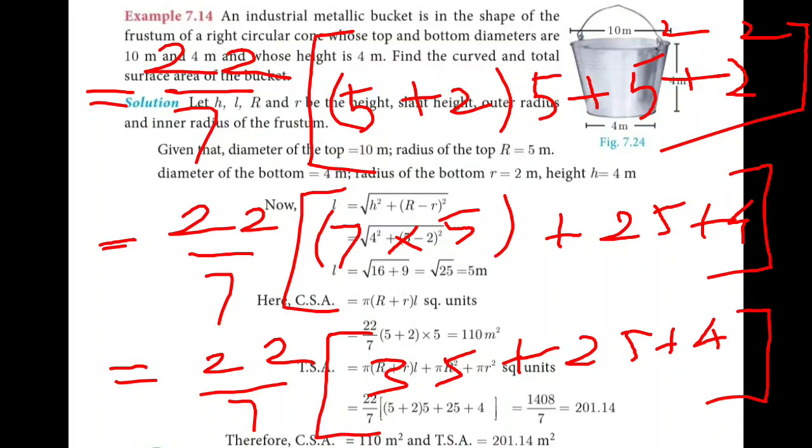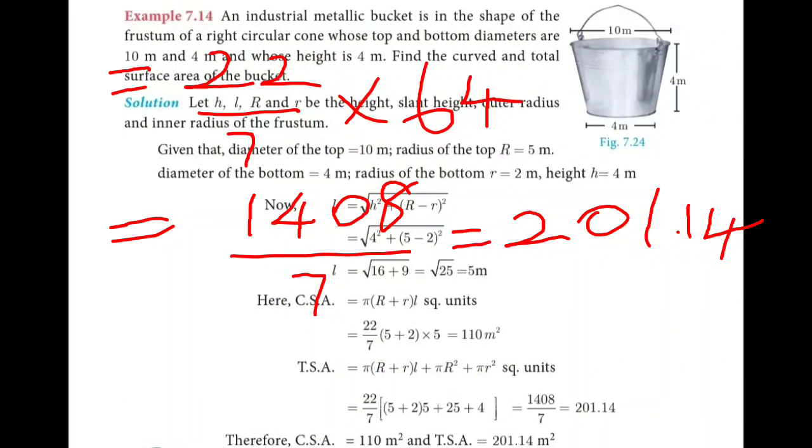Then 22 divided by 7 into 7 into 5 plus 5 squared 25 plus 2 squared 4. Then 22 divided by 7 into 7 5s are 35, then 35 plus 25 plus 4. Then 22 divided by 7 into 64.